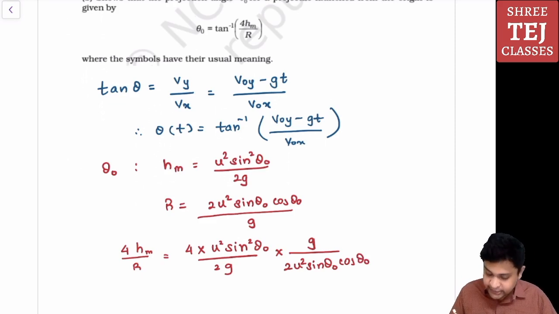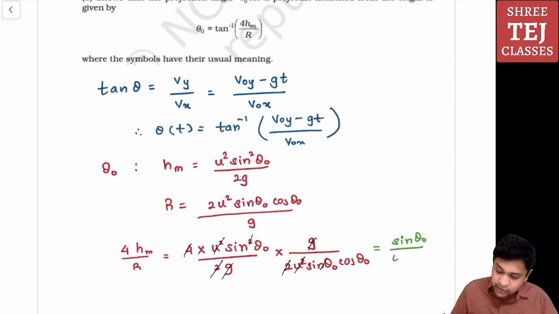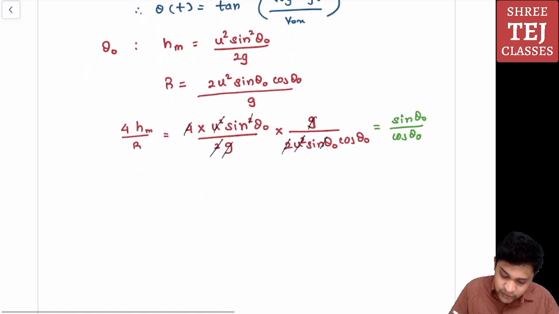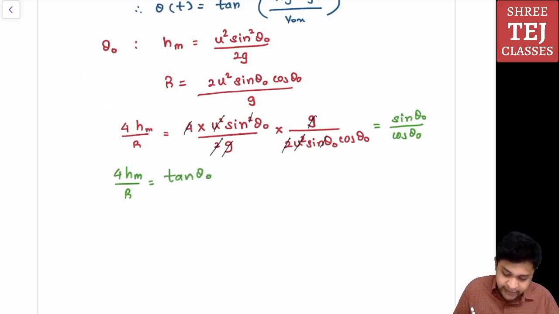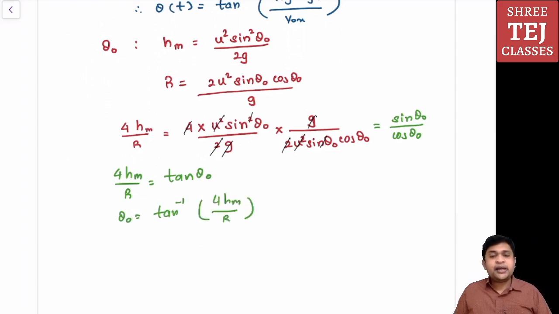Let us see what all cancels. 2, 2, 4 gone. u square g cancels. One sine gone with one sine. So this comes out to be sine theta naught upon cos theta naught. Therefore, we get 4hm upon R is equal to tan theta naught. Therefore, theta naught is equal to tan inverse of 4hm upon R, hence proved.